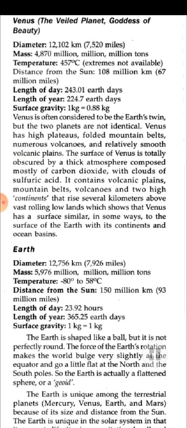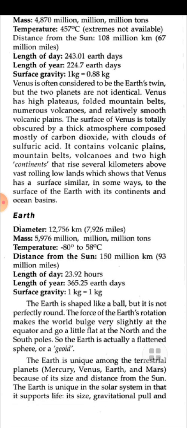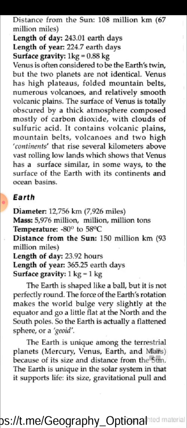It contains volcanic plains, mountain belts, volcanoes, and two high continents that rise several kilometers above vast rolling lands, which show that Venus has a surface similar in some ways to the surface of the Earth with its continents and ocean basins.